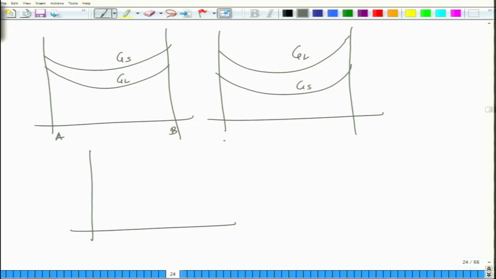For the two phase region, your GL and GS will behave like this, so that you have a two phase region alpha plus beta, and let me just correct this.